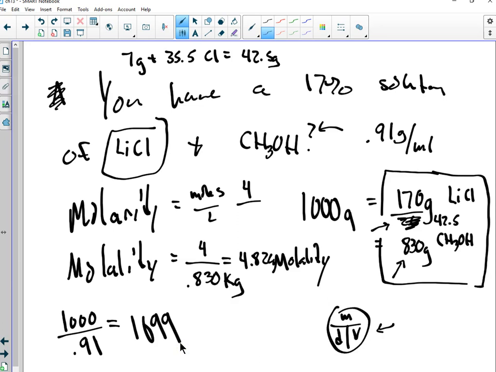Is that what you said? Okay, that's a 0. All right, and that's the milliliters, which would really be 1.099 liters. And now divide that, and then you will have your answer.